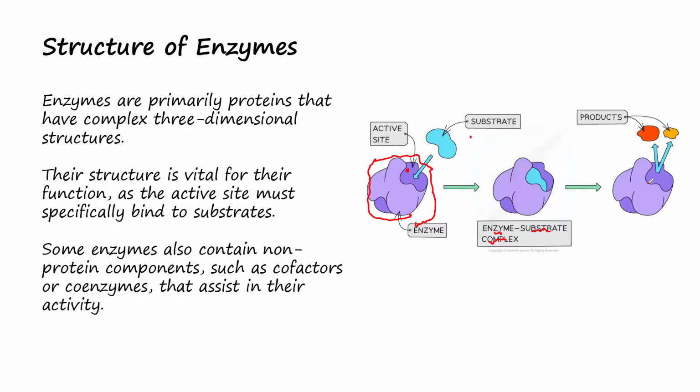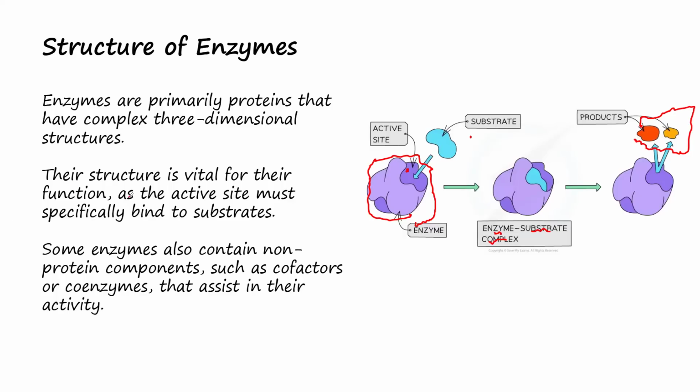Then the enzyme will convert the substrate into product, and the product will be released and leave the active site. So these are the substrate, and these are the products. If you look at them here, the substrate is just a single molecule, while the products are two molecules. In fact, their colors are different. This tells you that the enzyme has really converted the substrate into product.